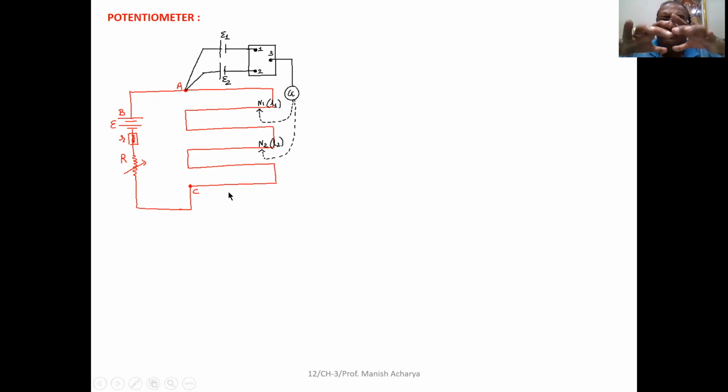It is mounted on the plank. Then between A and C, a battery with internal resistance r and a resistance box, or we can say the rheostat, is connected to control the current in the circuit. So this particular circuit is known as the potentiometer circuit. Clear up to this one?